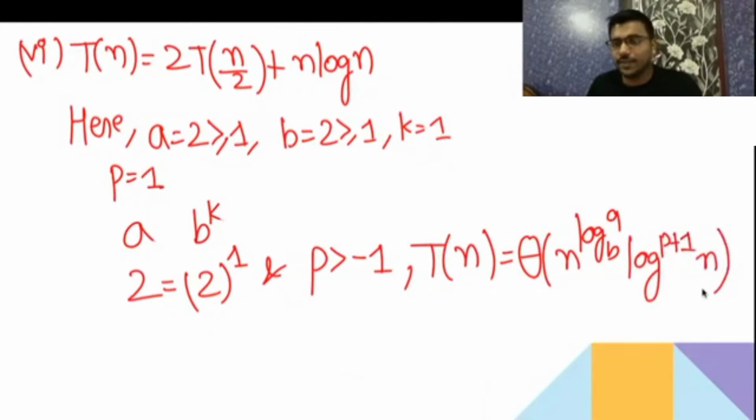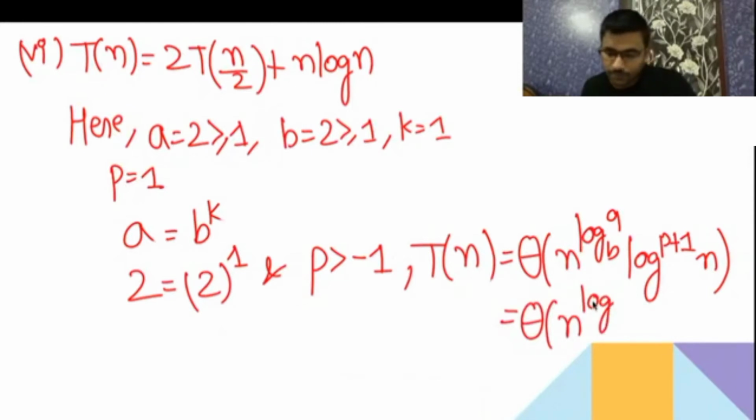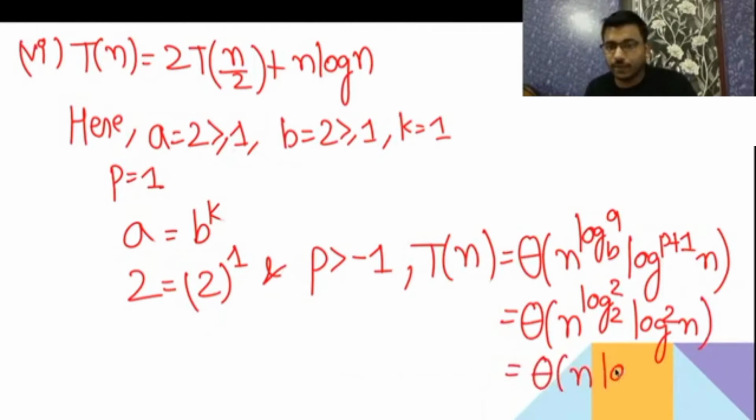This is the second condition. So theta n log, a is your 2, b is your 2, then log p is your 1, log 2 n. So this is going to be 1 only. So theta n log square n. Okay, that is log square n.